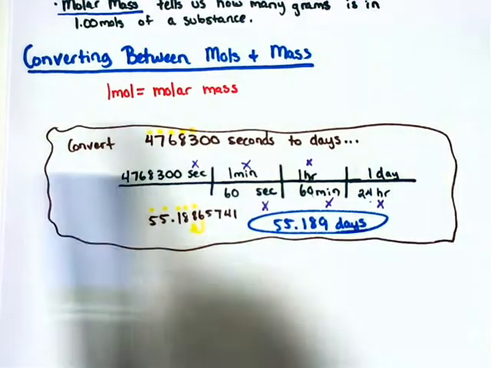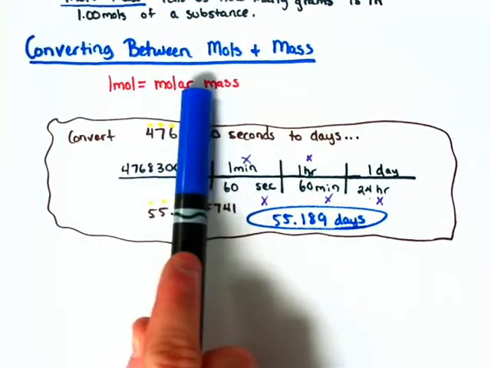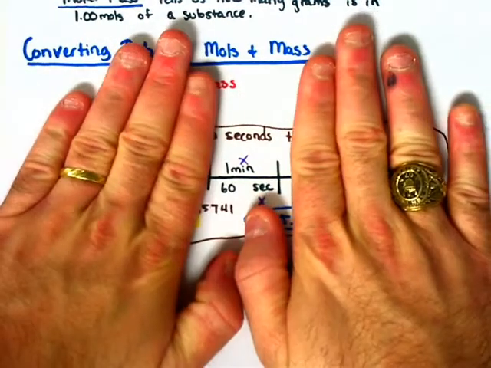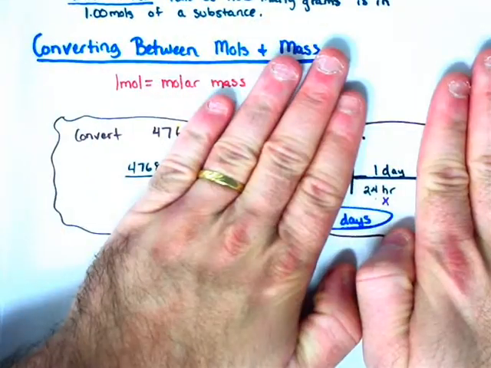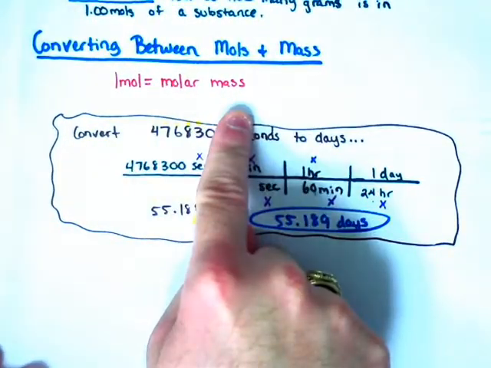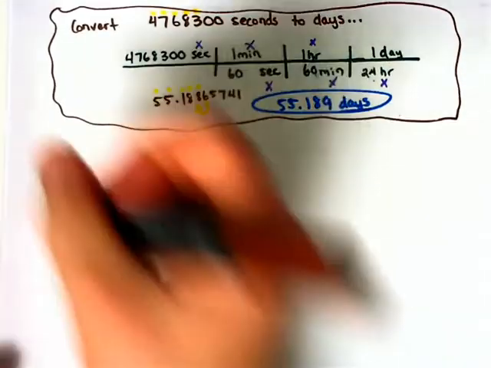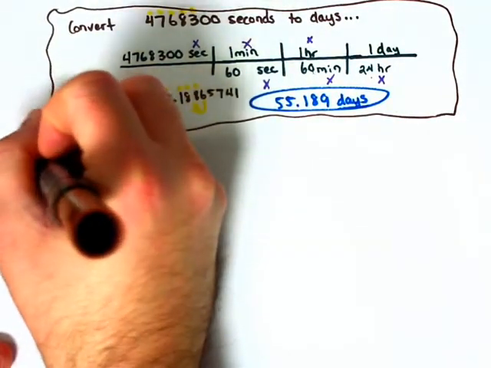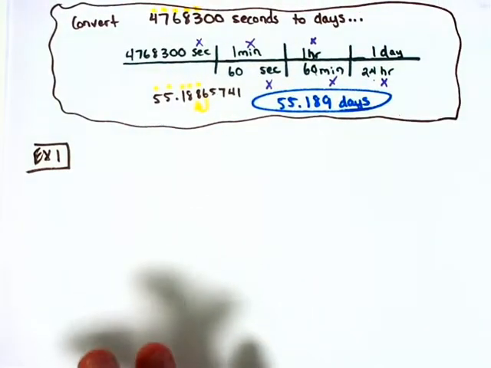So let's zone back into this concept, not with seconds and days, but using this ratio up here. Isn't this a ratio that you see right there? Yeah, that's a ratio too, right? So is this one? Well, this is a chemical ratio, so we'll go with it. I'll show you how to do some of these problems. Let's look at one example. Example 1, that's what we'll call it.